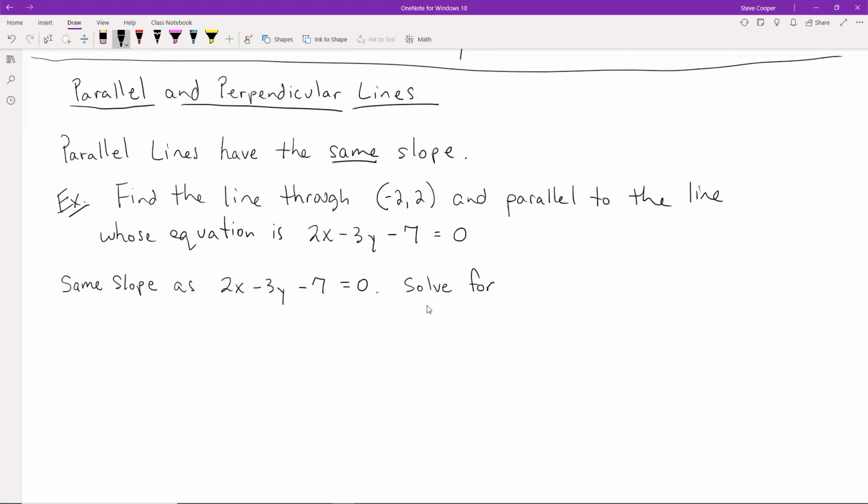Solve for y. Okay, so if I take this and solve for y, I'm going to know the slope I need for a parallel line that goes through negative 2, 2. Okay, so let's go ahead and solve this for y.